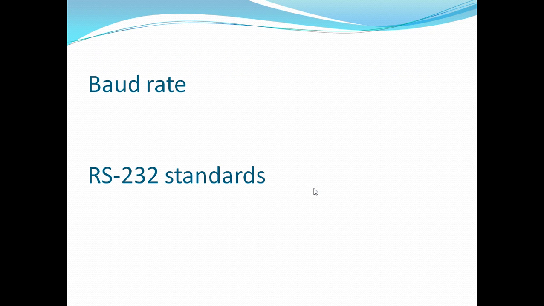While transferring this data, two terms are very important, that is baud rate and the RS-232 standard. Baud rate is nothing but the number of bits transferred per second over the serial communication line between transmitter and receiver.